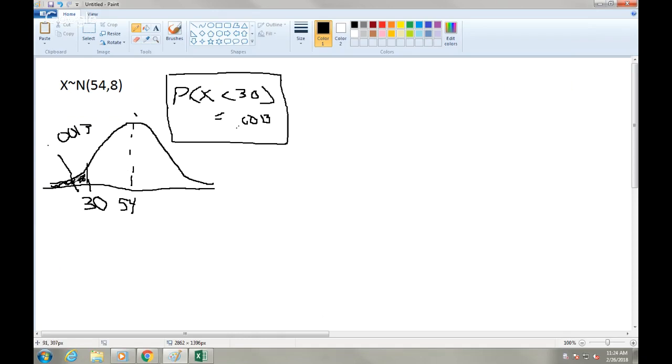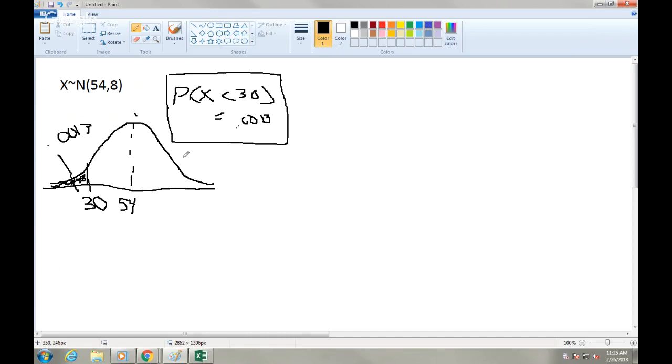If that's what you want, we're golden. And that is what we wanted. So 0.0013 was what we got. If it was not what we wanted, then we have to go with maybe some subtraction. We'll see some problems like that.